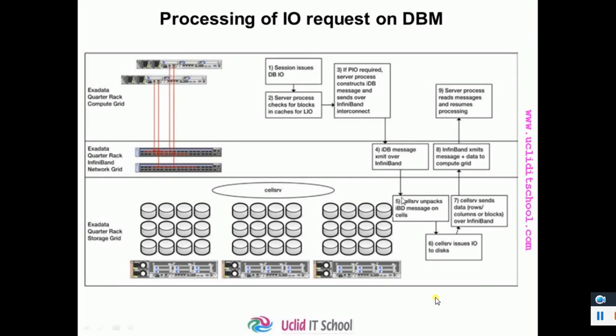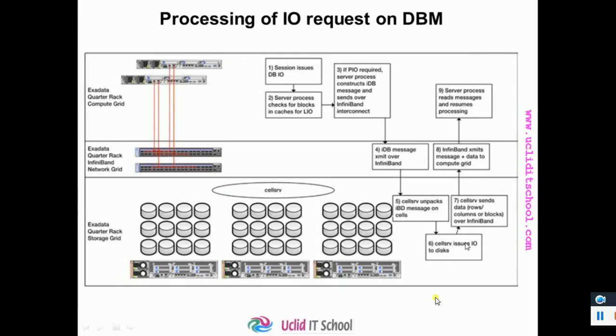Once the IDB message reaches the storage server, the cell server unpacks the IDB message and issues the disk IO.